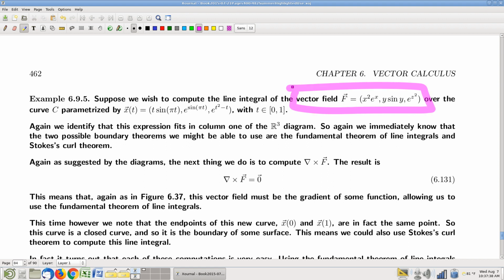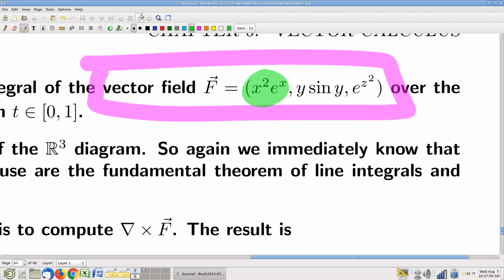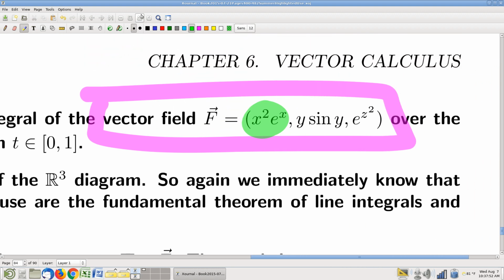Let's contemplate how would we find the anti-gradient here. Well, I'd need to take an x anti-partial of that, and that's going to be an annoying integral. Then I'd also need to take a y anti-partial of that. That's not as annoying, but it's still integration by parts. And then I'm going to have to take a z anti-partial of that, and I don't even know how to do that.